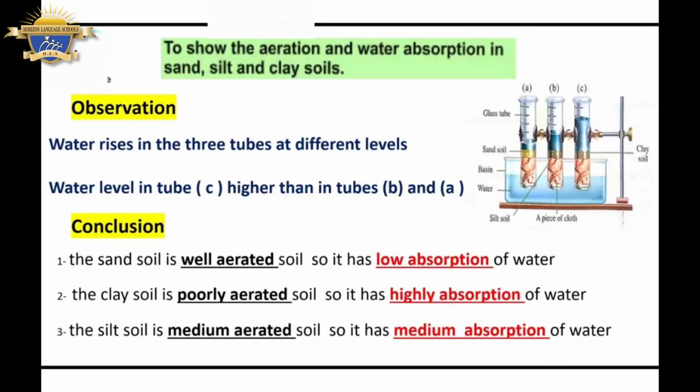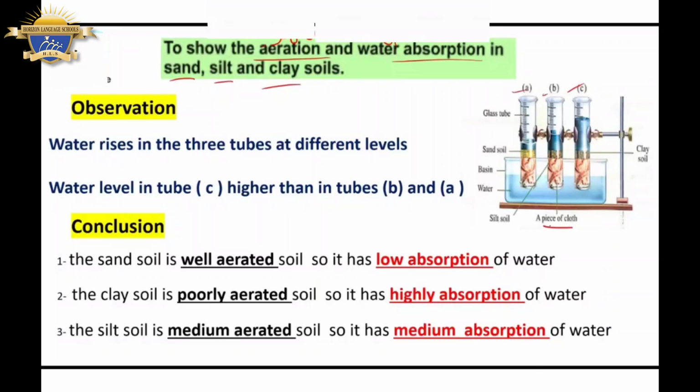Let's move to the third activity, the aeration and water absorption in sand, silt, and clay soils. First, get 3 similar glass tubes, A, B, and C, but these tubes are open from both ends. Second, cover one end of each tube with a piece of cloth as shown.